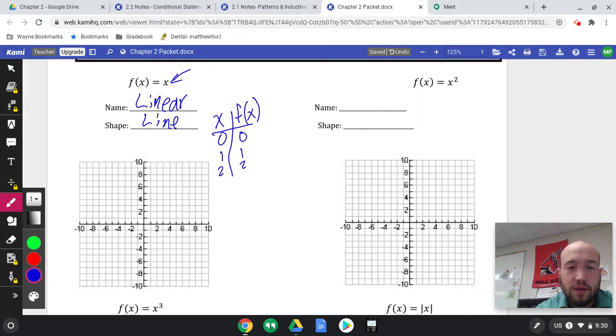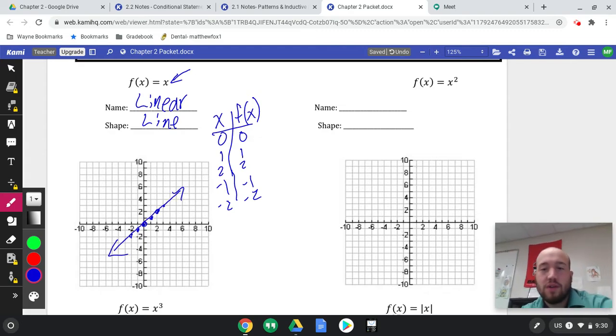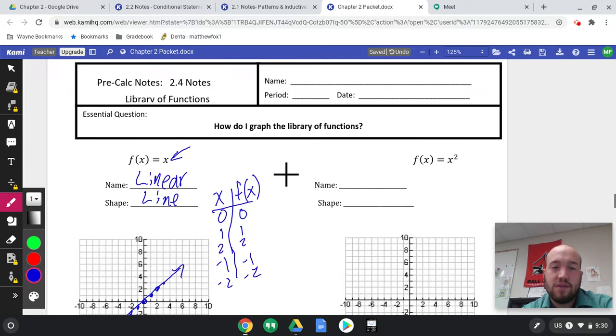A 2, a 2. A negative 1, I still get a negative 1. Whatever I plug in, I get the same thing out. We put a few points on there, and since this is a line, it goes right through them, and this parent function is just linear.